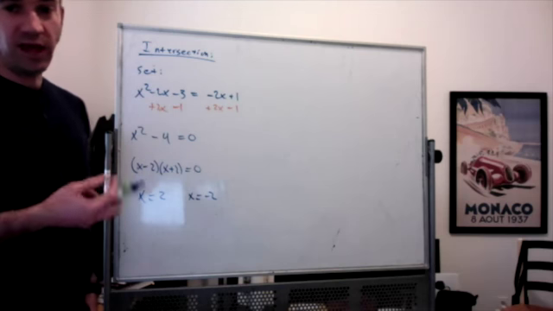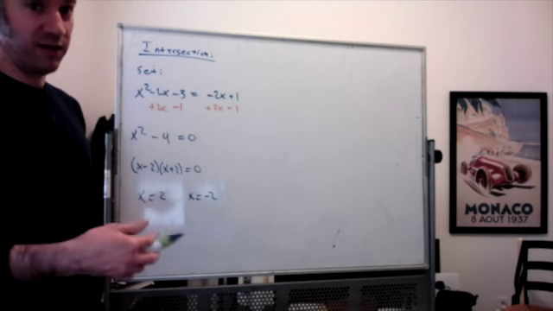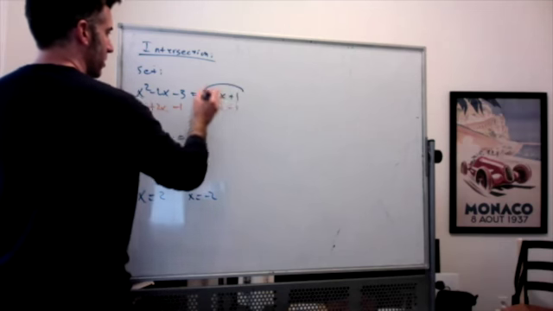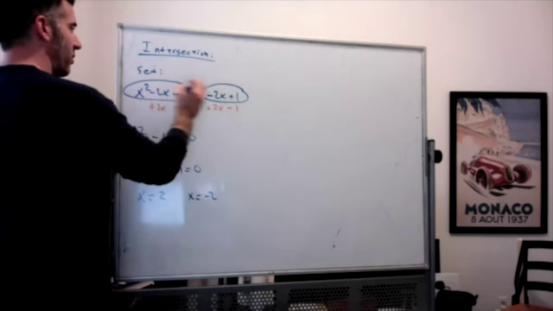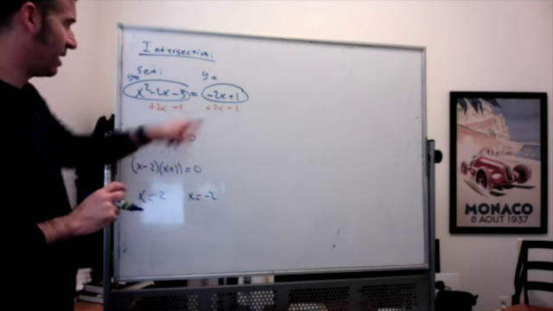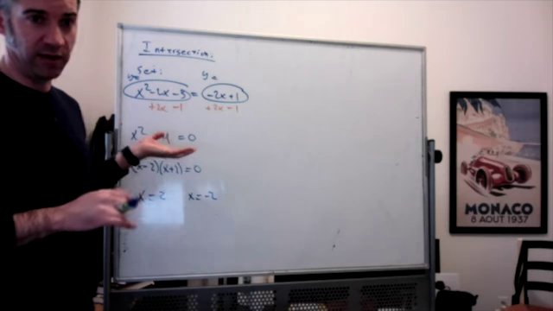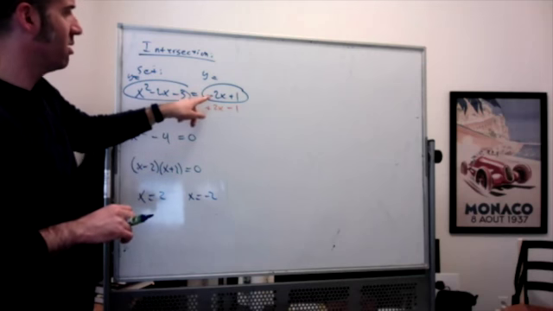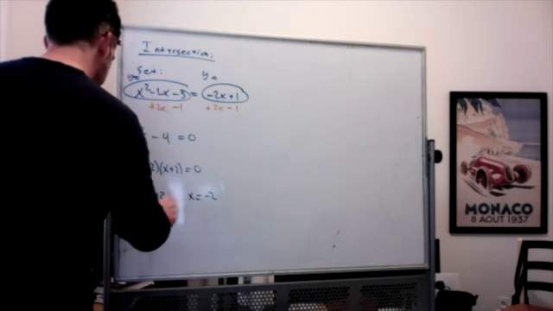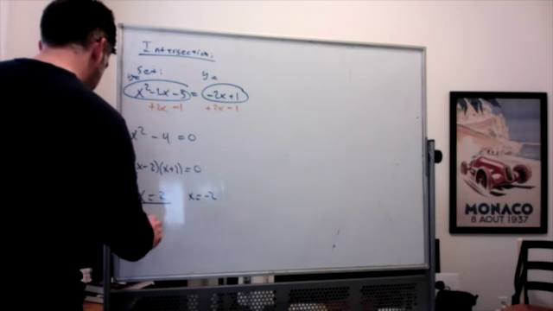But I don't just want the x values, I want the intersection points, meaning I should find the corresponding y values. So these are my equations, right? y equal to this and y equal to this. So I should be able to plug in 2 back into either one of these and get the same y value. If I plug in 2 here, negative 2 times 2 is negative 4, plus 1 is negative 3. So this gives me the point 2 comma negative 3.